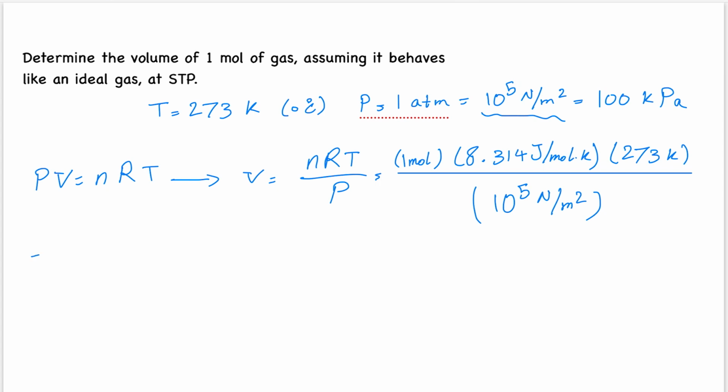If we calculate these values, we will get 22.4 times 10^-3 meters cubed, which is 22.4 liters.